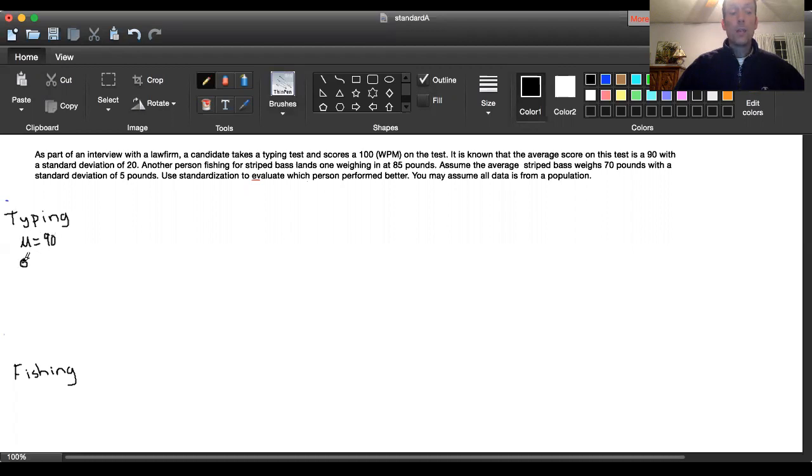Our standard deviation was given to us as a 20. And we know the person scored a 100, so we'll use X to stand for their score of 100. For the fishing population, average is equal to 70, while the standard deviation is a 5. And that person's fish weighed 85 pounds. So we're going to say X equals 85.